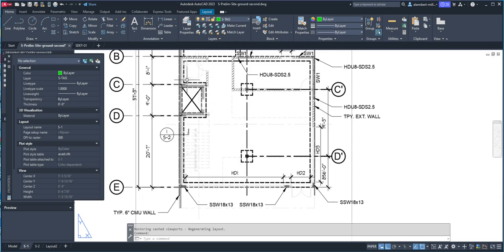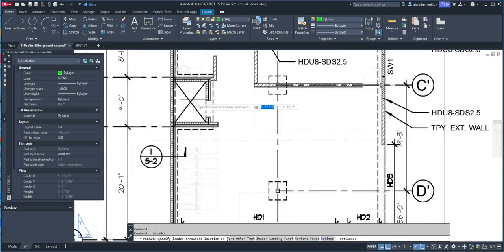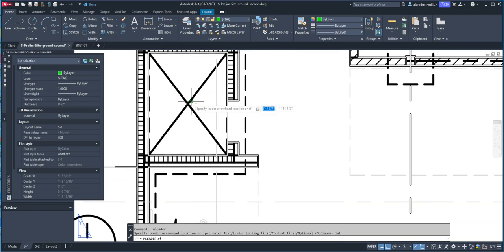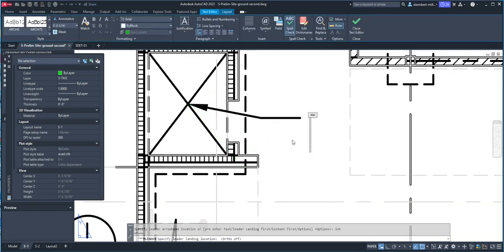So all we're going to do is basically do a leader and point to the intersection here, and simply remove my ortho, my O snap, and then basically say that this is negative 4 feet and 0 inch.